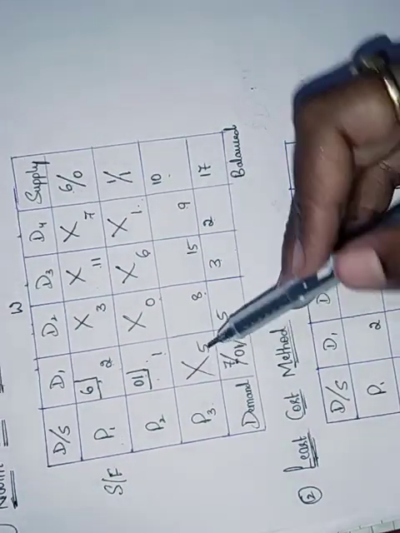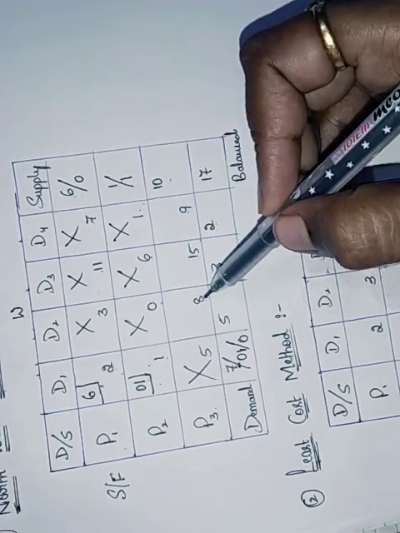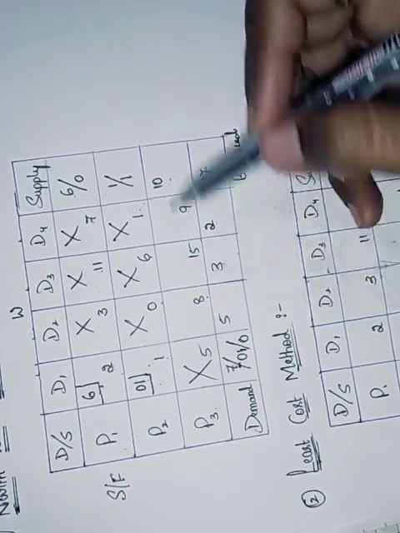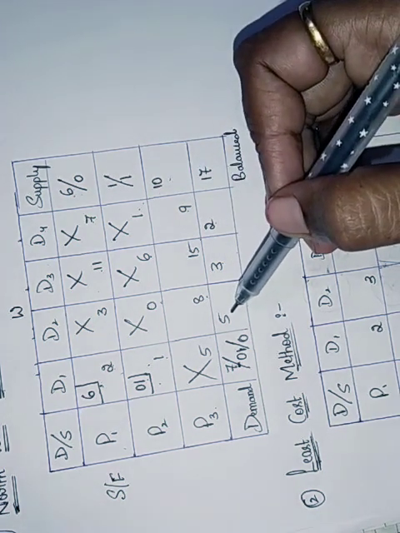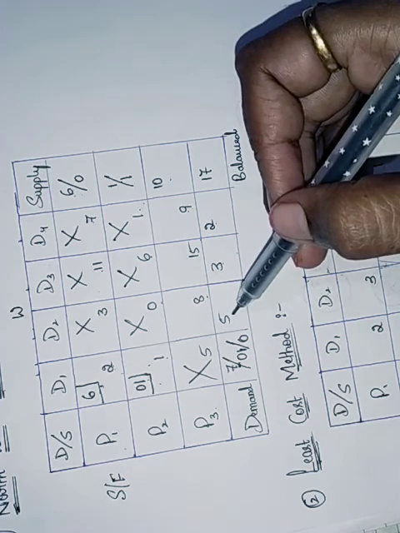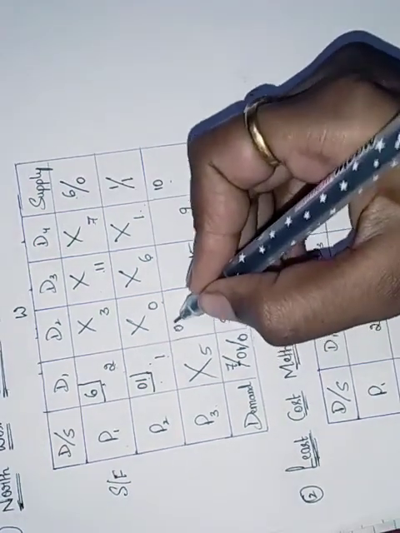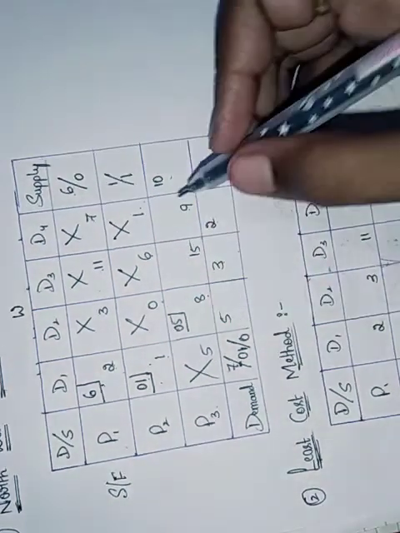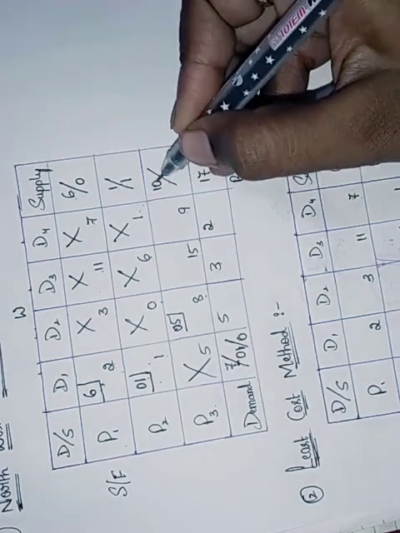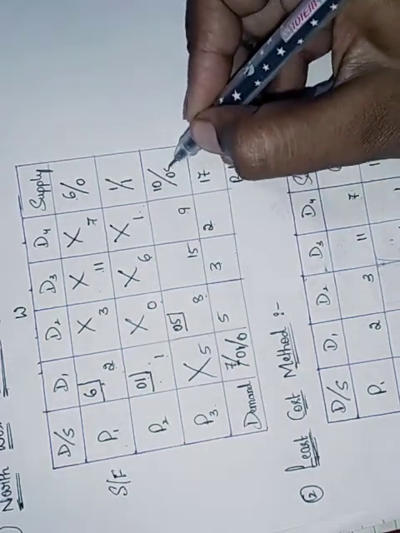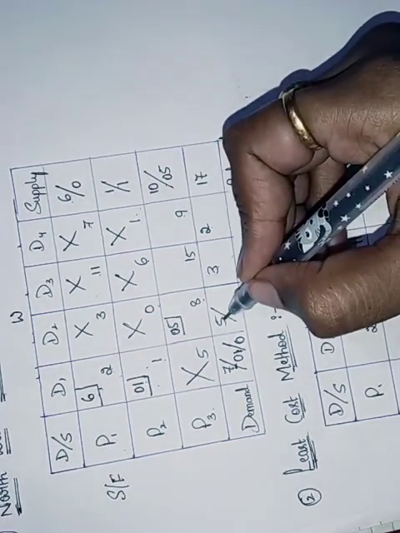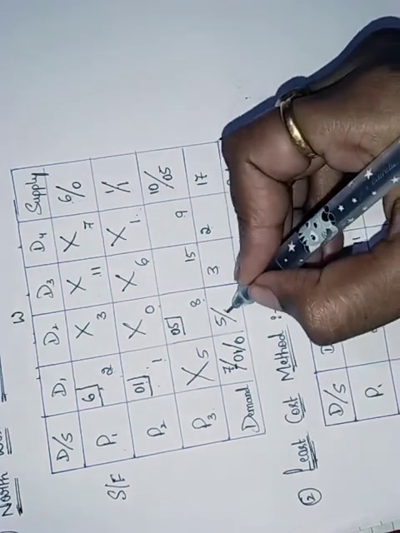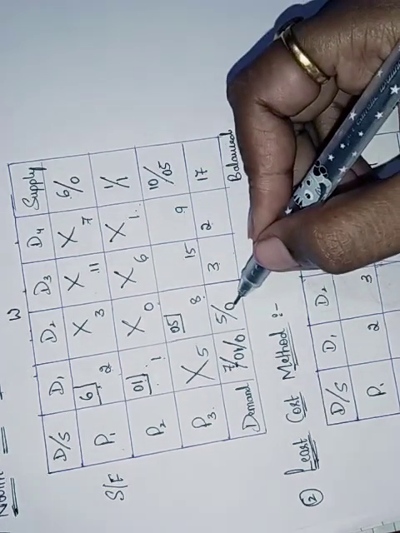Moving on to the next cell, the demand is 5 units and supply is 10 units. Can I fulfill the demand? Yes, I can allocate 5 units. From 10 units I have allocated 5 units, remaining are 5 units, and from the demanded 5 units all are allocated, so remaining is 0.